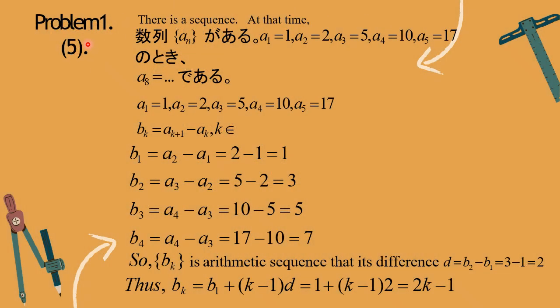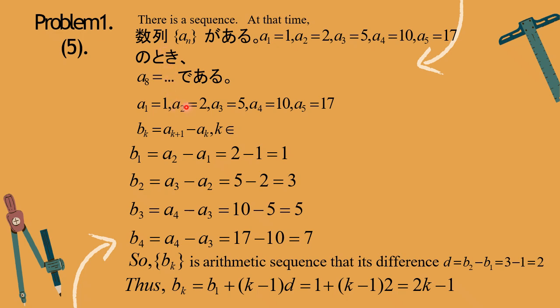Question number 5. There is a sequence a_n, where the first term equals 1, the second term equals 2, the third term equals 5, the fourth is 10, and then 17. And we are about to find the eighth term.